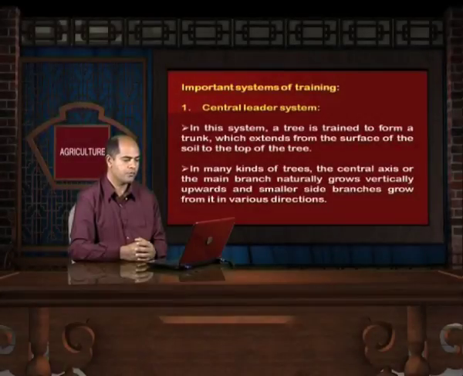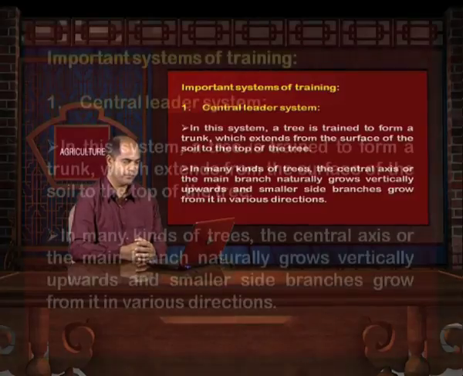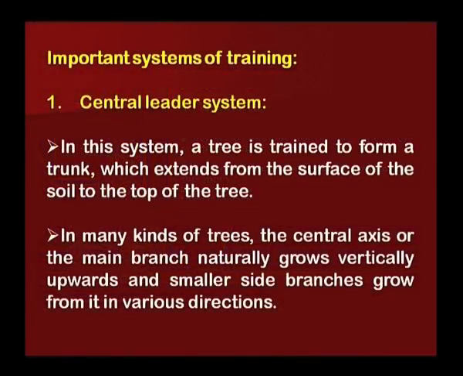Important systems of training. The first one is the central leader system. In this system, a tree is trained to form a trunk which extends from the surface of the soil to the top of the tree. In many kinds of trees, the central axis or the main branch naturally grows vertically upwards and smaller side branches grow from it in various directions.